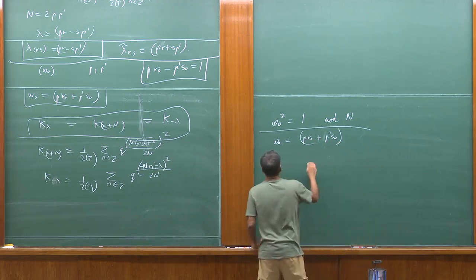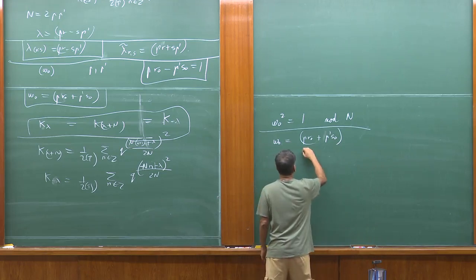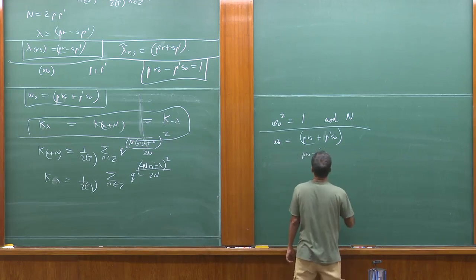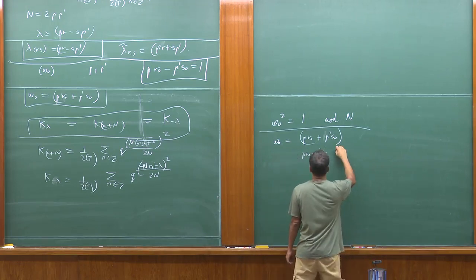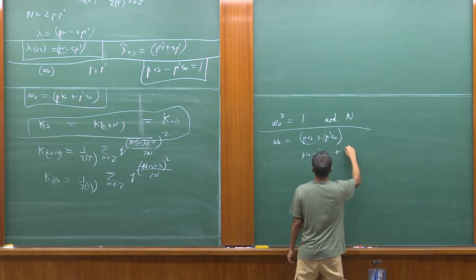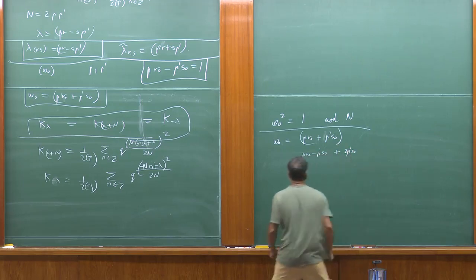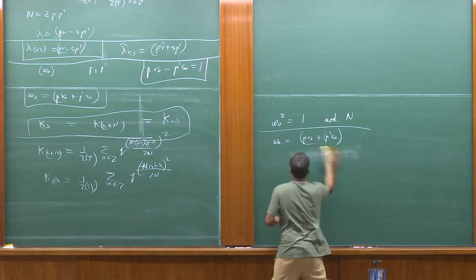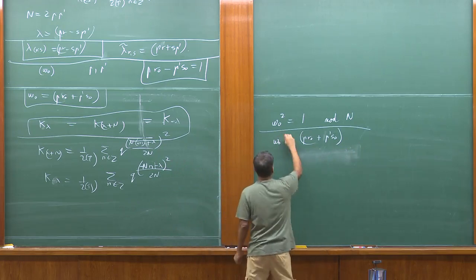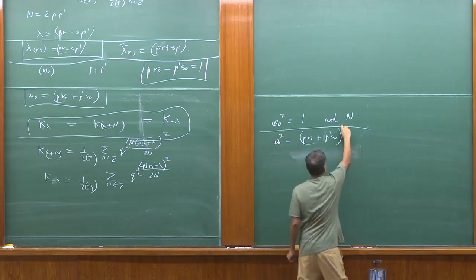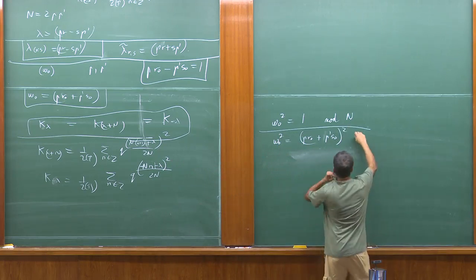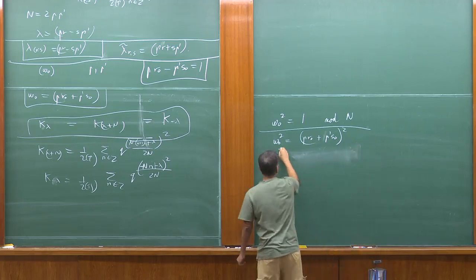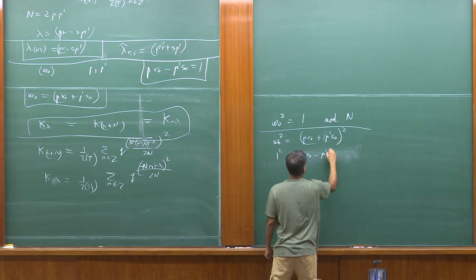Okay, so this was equal to p r naught minus p prime s naught, plus 2 p prime s naught, for instance. No, maybe I'll do it for the square. Let me do omega naught squared. So omega naught squared is this thing squared. But 1 squared is equal to p r naught minus p prime s naught, the whole thing squared.